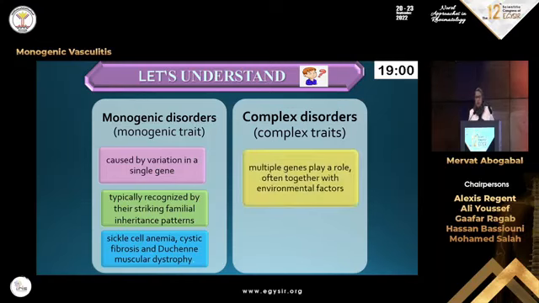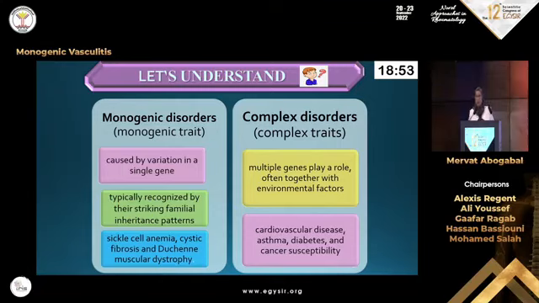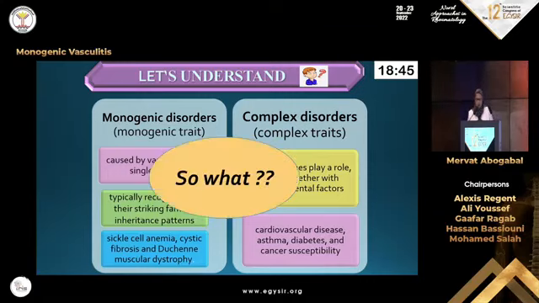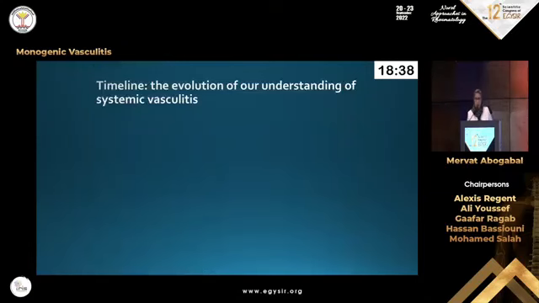On the other hand, a complex disorder requires multiple gene variants to produce its phenotype after interacting with environmental factors, like in cardiovascular disease, asthma, diabetes, and cancer susceptibility. So what? The answer to this question will be postponed till I talk about monogenic vasculitis.